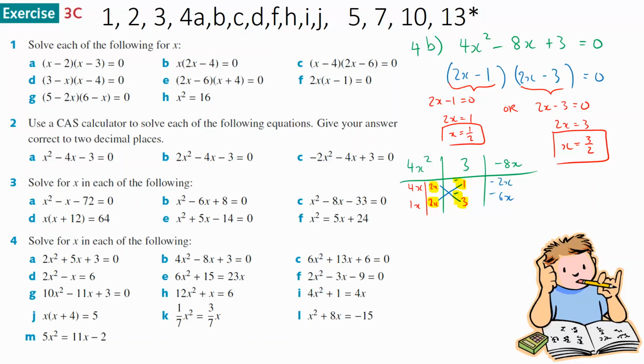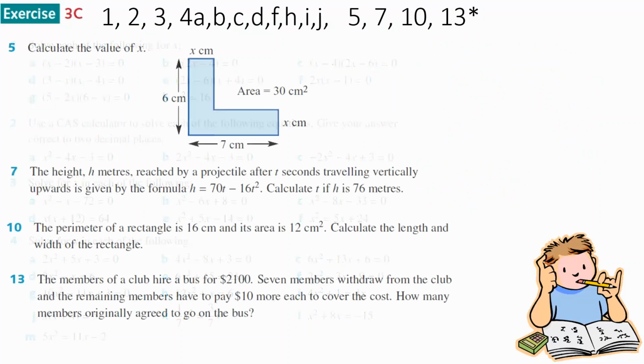How about for B? For B, x equals 0 or x equals 5 over 2.